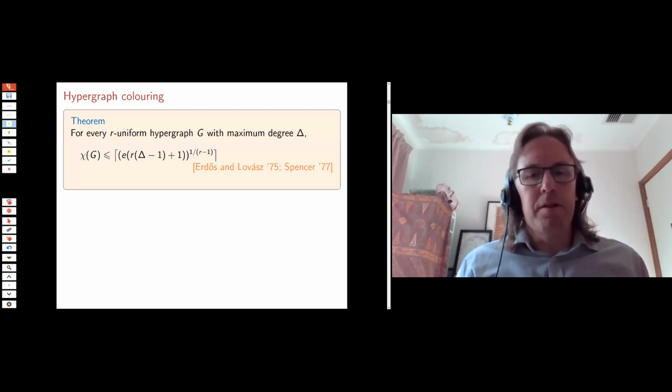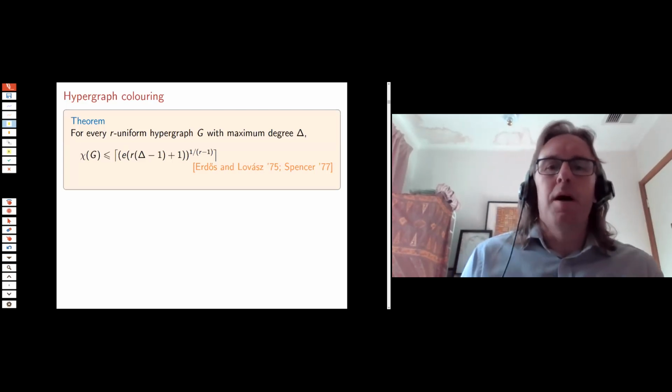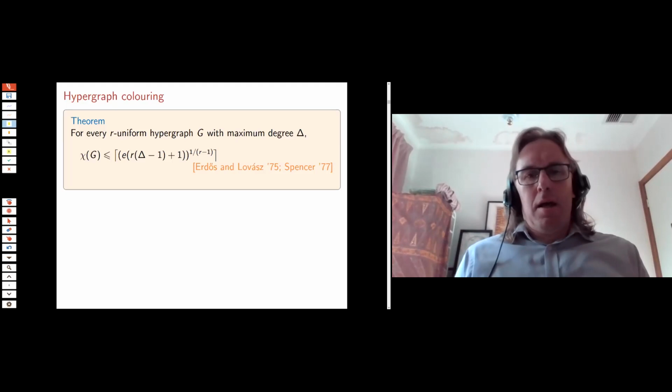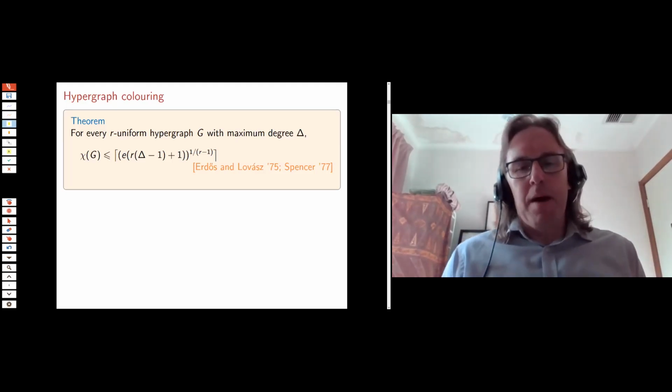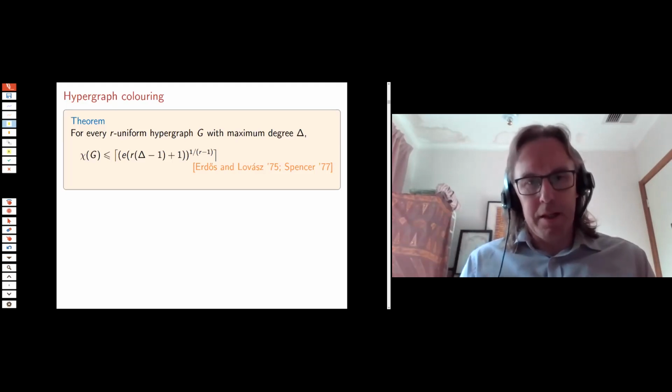And they proved this bound here, that for every r-uniform hypergraph with max degree delta, the chromatic number is at most this expression here. Now the first thing to look at is that the exponent here is 1 over r minus 1. So it's delta to the power 1 over r minus 1, all times some constant that depends on r.